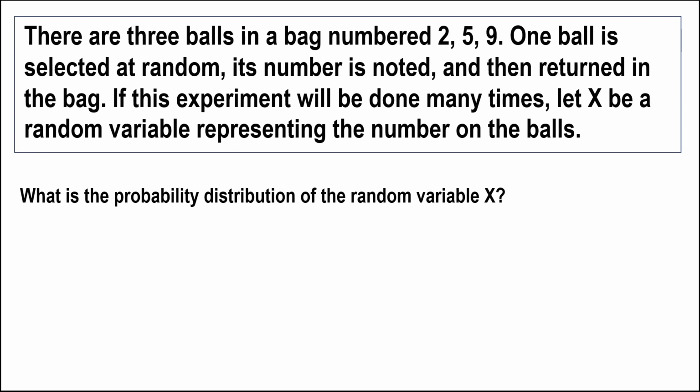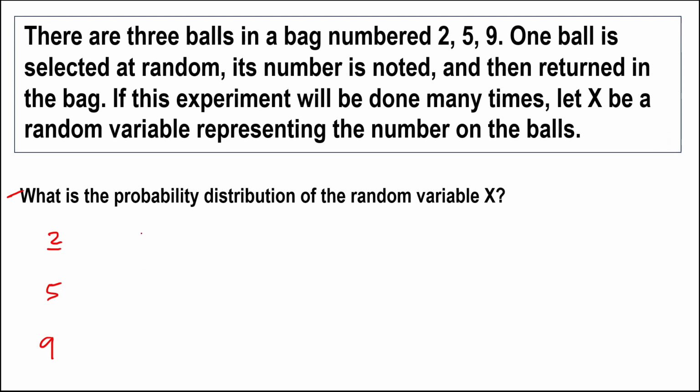Then for this given, there are 3 balls in the bag, numbers 2, 5, and 9. So these are the 3 balls, 2, 5, and 9. Then what is the probability distribution of the random variable x? What is the probability that you select the number 2?